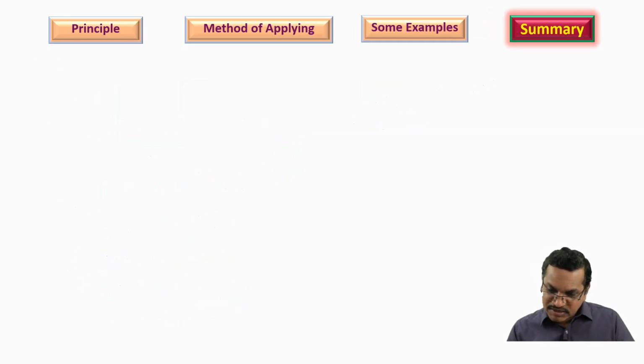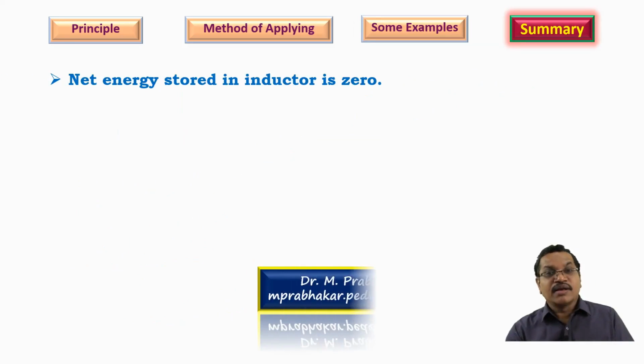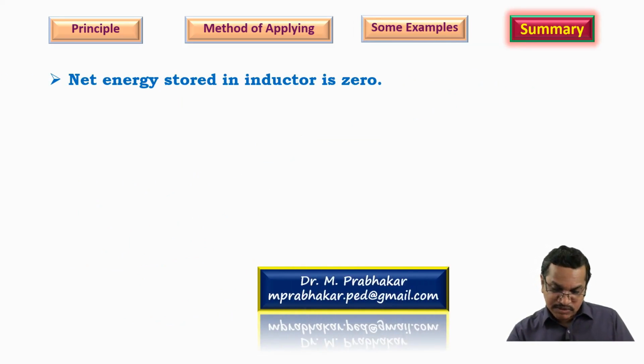Now, to summarize, the idea behind Volts-Second balance is that the net energy that is stored in the inductor should be zero. Only then the inductor will operate in a satisfactory manner. It can store energy, but over one cycle, if you take the average, there should not be any net energy stored in the inductor.